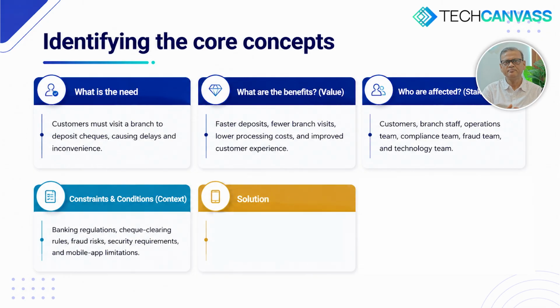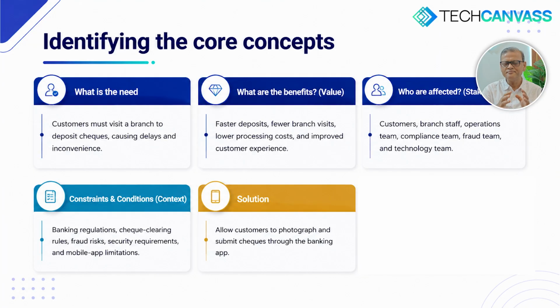How it will be actually implemented. How will the customer deposit the check? In this case, there'll be a camera option in the mobile app, which can be used to photograph the check. And then if it meets the requirements, it is deposited. Now the check is sent to the operations team, which will then further process. So this was the fifth aspect.